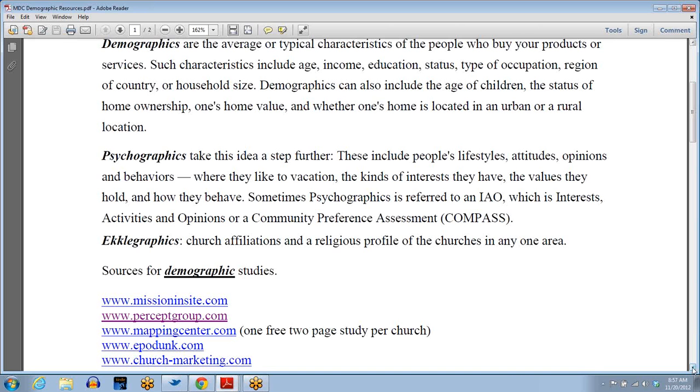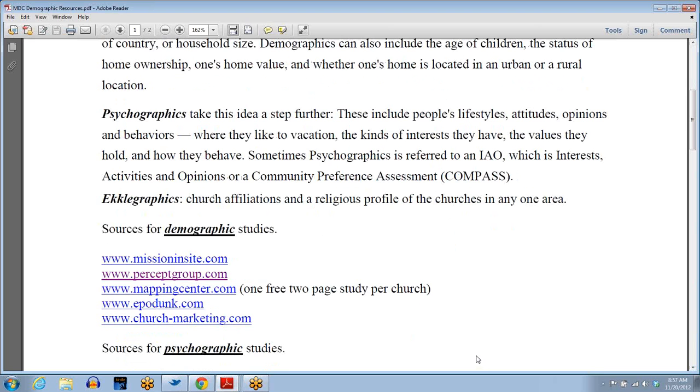Now, I've given you some sources for demographic studies. Mission Insight and Percept Group and the Mapping Center are some that you have to pay for. The other two that are here in front of you, I'm not sure exactly everything about them, even though I've looked at their sites, but you are going to have to pay to get information from them.